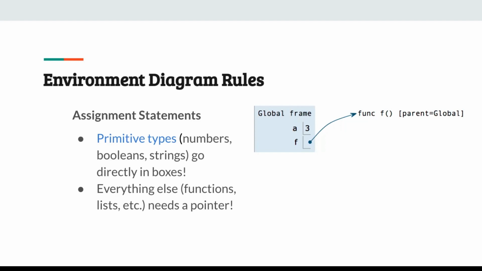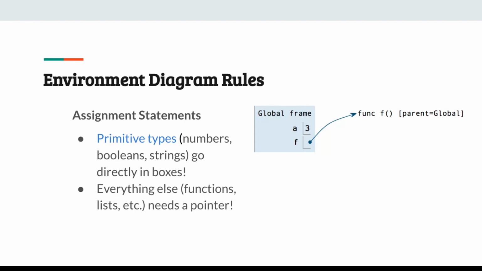So as we can see here, primitive types like numbers, Booleans, strings, they go directly into the boxes. So if we have something like a equals 3 in our code, we write out a, and in our box we write 3. Whereas with functions, lists, and other things that need a pointer, we draw a pointer and we write out func.